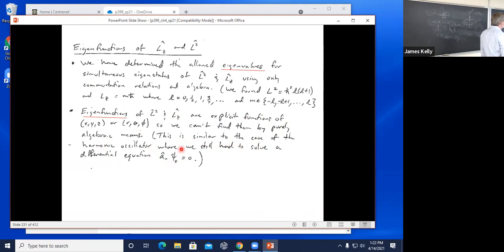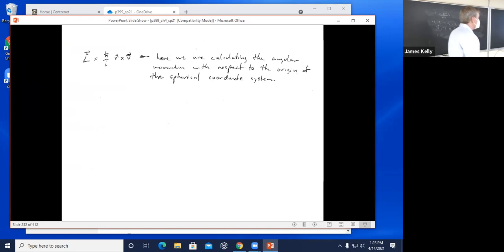We found if we knew one state, psi 0, we could get psi 1, psi 2, psi 3 going up. But the only way to find out the explicit expression for psi 0 as a function of x was to write down a differential equation. We said you apply the lowering operator to it, you get 0, and that can be translated into a differential equation. We're going to do the same kind of thing here for the lowering operator.